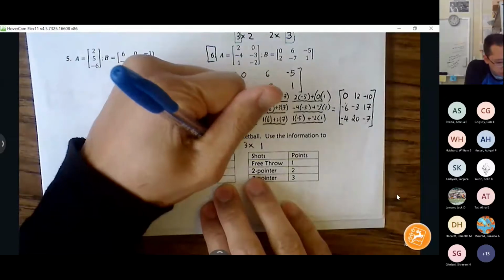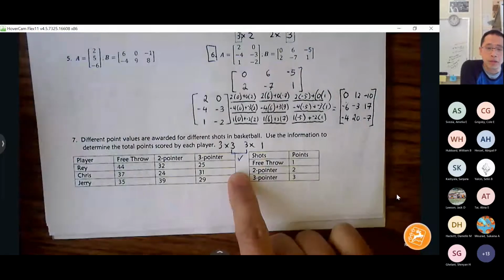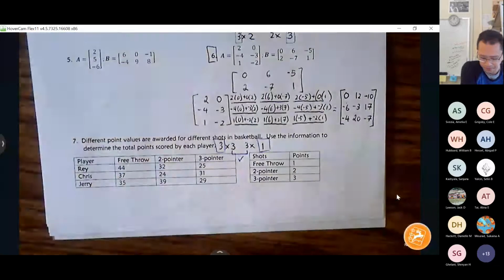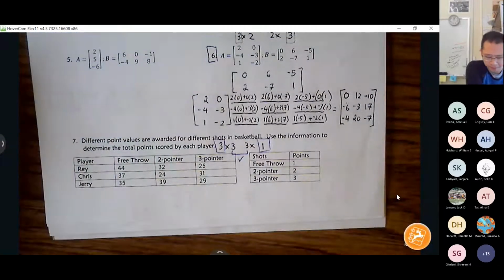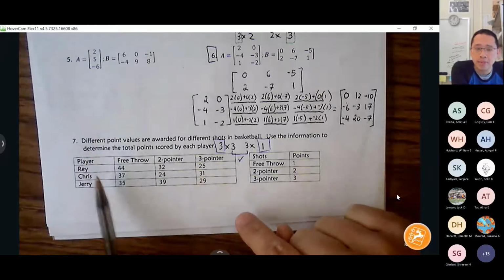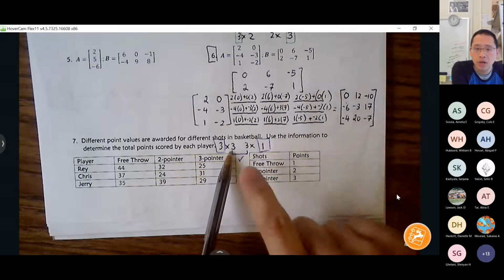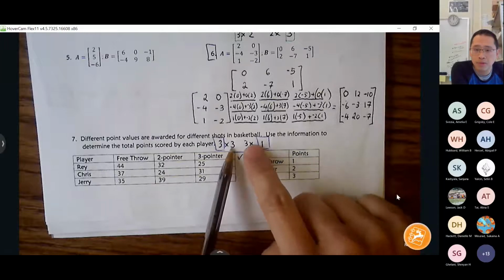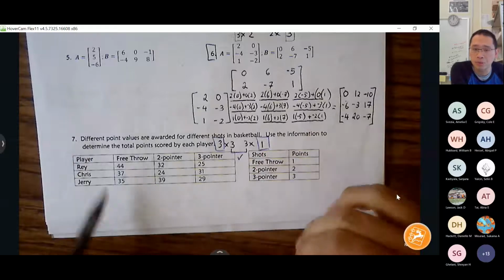We get the 3's to match up, so we know that the multiplication is possible, and that our resulting matrix is going to be a 3x1. Notice that not only are the inner dimensions matching numerically, they're also matching in category. That's important for word problems as well.